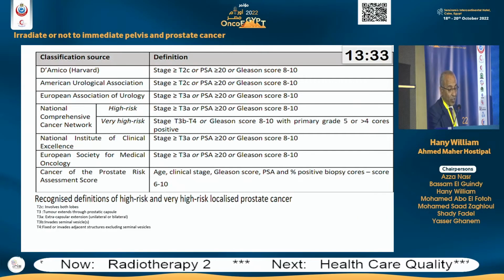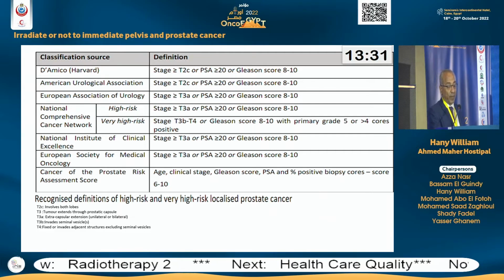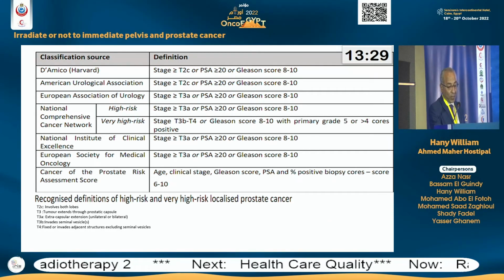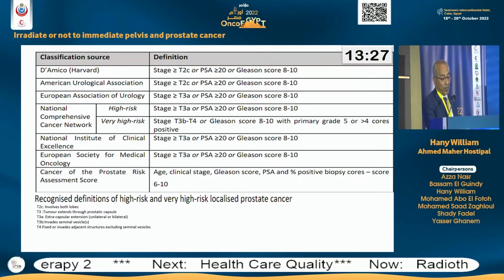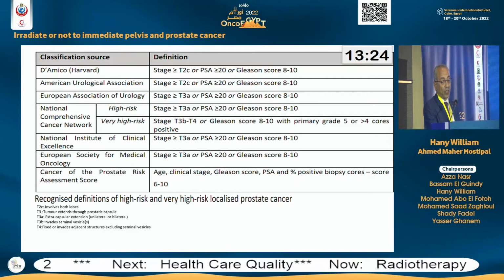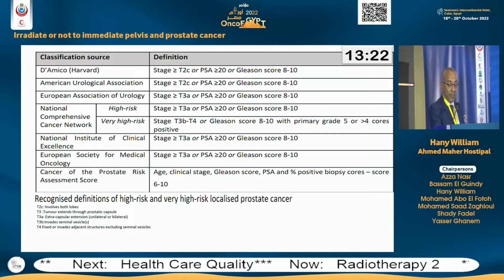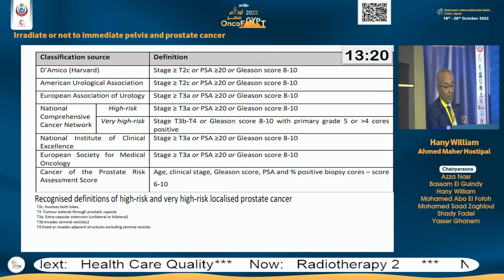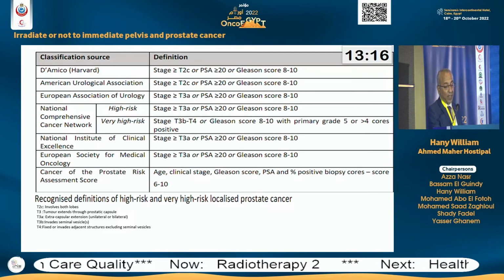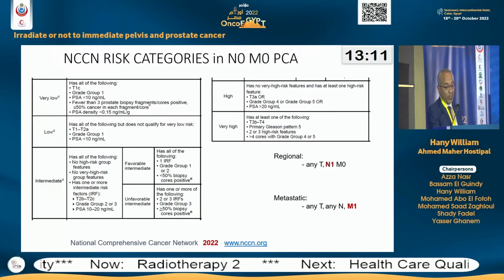So identification of patients at high risk for pelvic nodal disease or death should be recognized. All definitions agree on Gleason score 8 to 10 and PSA more than 20, and some use T2C or T3A as stage for high risk.